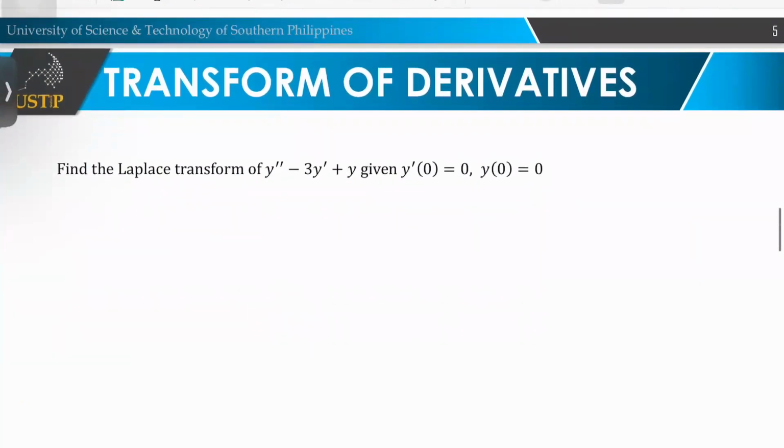Okay, let's have this problem to apply our knowledge in finding the transform of derivatives. We are not solving a differential equation, since we have no equal sign here. Let's just get the Laplace transform of this expression, y double prime minus 3y prime plus y, given our conditions that y prime of 0 is equal to 0 and y of 0 is equal to 0, meaning when t is equal to 0, class, y is 0 and y prime is 0.